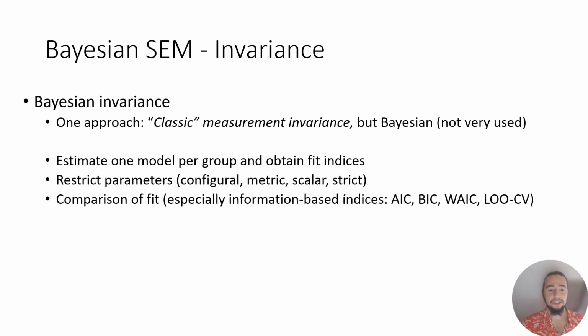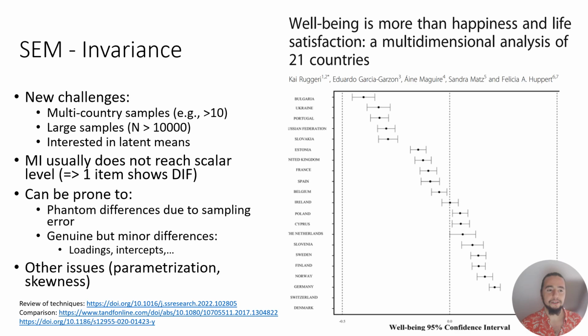You can estimate one model per group, then obtain the fit indices and start restraining the parameters, for example, using the following framework of configural, metric, scalar, and strict invariance levels. Then you could start to compare the fit indices, for example, the AIC, the LOOCV, or whatever you want, to then conclude that you can make a Bayesian estimate of the classic measurement invariance analysis.